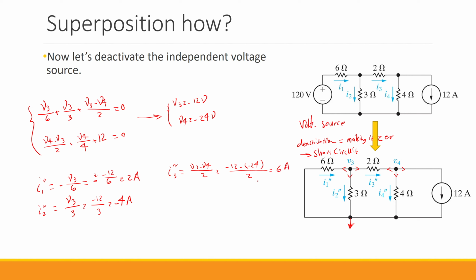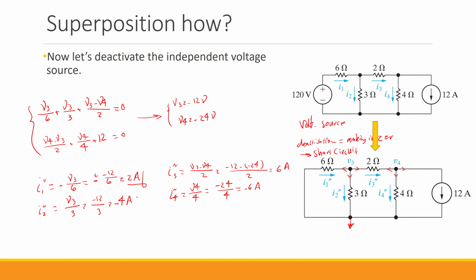And finally for I4 double prime, it is going to be V4 over 4, which is negative 24 over 4, or negative 6 amps.